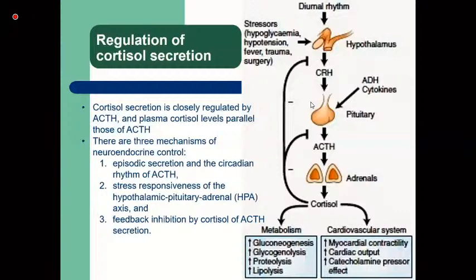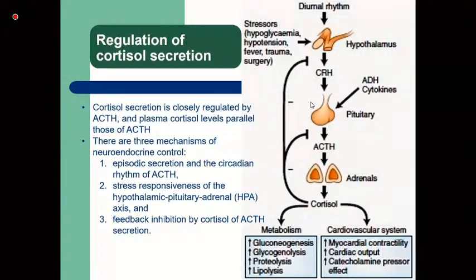So we know that basically all cells have glucocorticoid receptors, and they are intracellular or intranuclear receptors. So this is going to affect gene synthesis. Even extrahepatic tissue is going to mobilize amino acids. It inhibits glucose uptake by the muscle and the adipocyte, and also stimulates fat breakdown in the adipocyte.